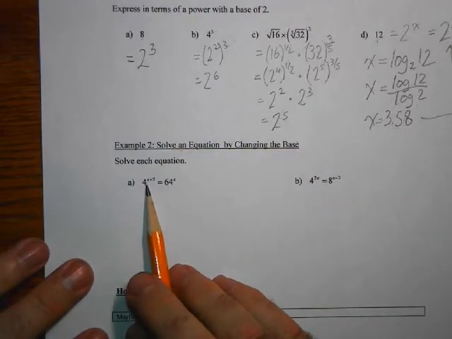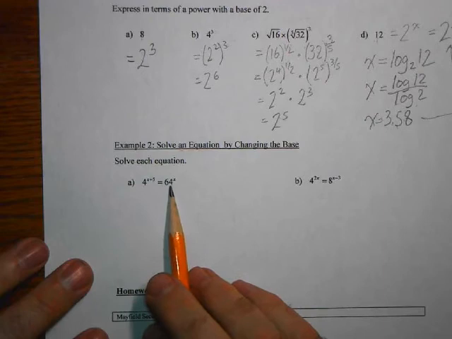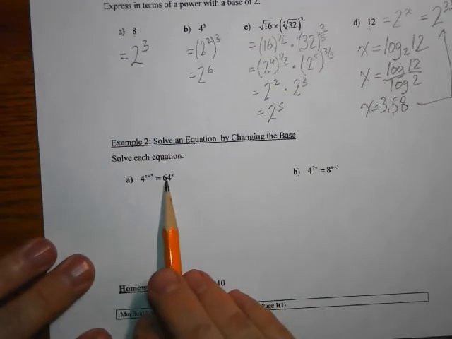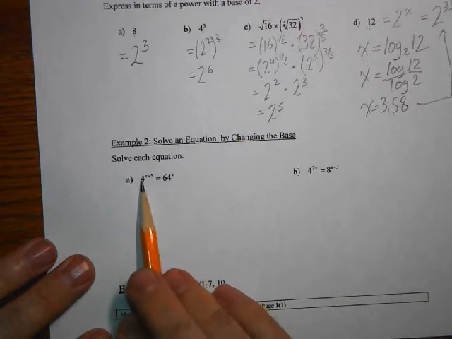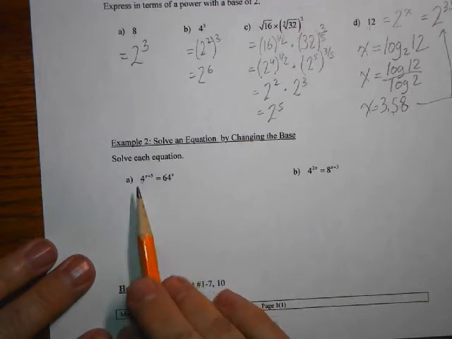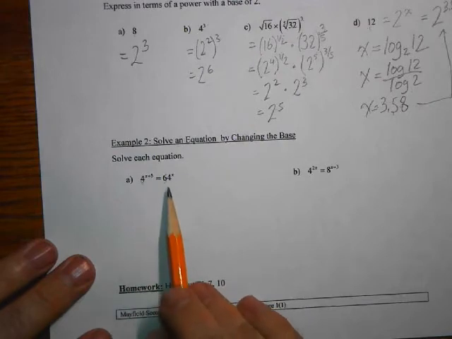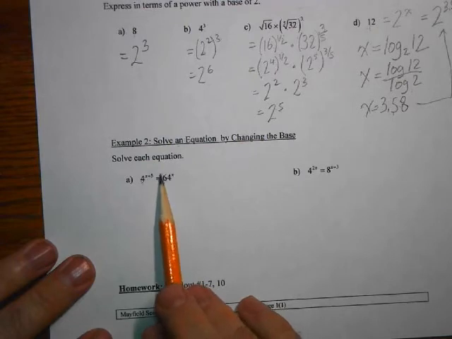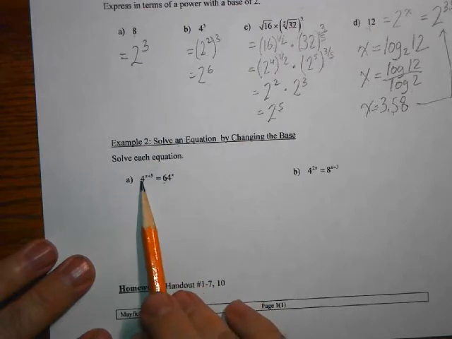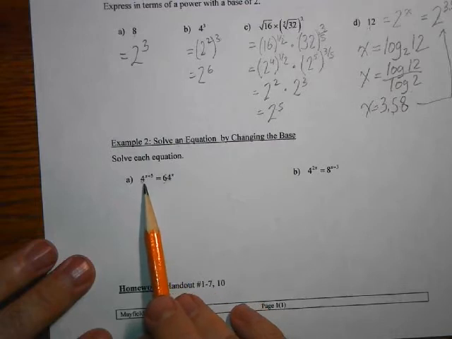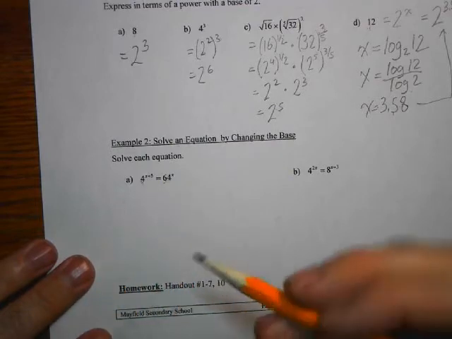Okay, so this says 4 to the power x plus 5 is equal to 64 to the power x, and our goal would be to change both of these into the same base. Now what you always try is, can I rewrite the larger base in terms of the smaller base? Can I write 64 as a power of 4? And the answer to that is a yes.